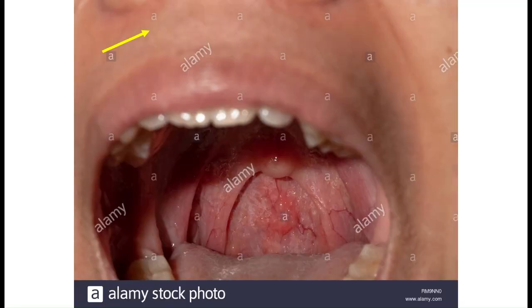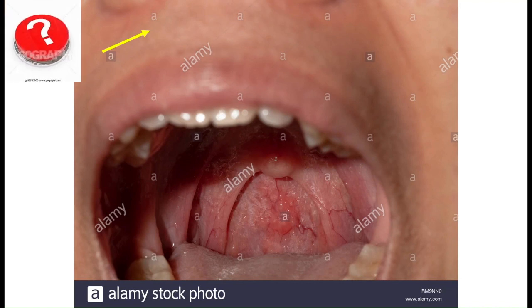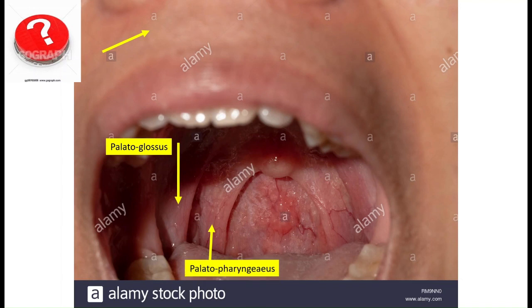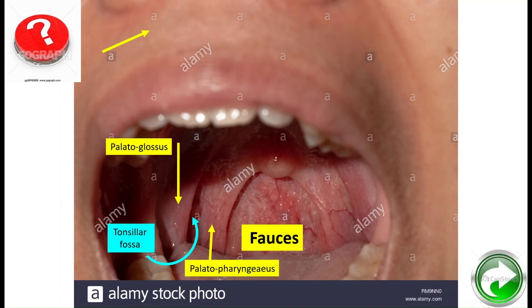This is another look at the same area of the previous slide, and here is the anterior pillar made by the palatoglossus, and this is the posterior pillar made by the palatopharyngeus, and here is the tonsillar fossa, and the gate to the oropharynx is called the fauces.